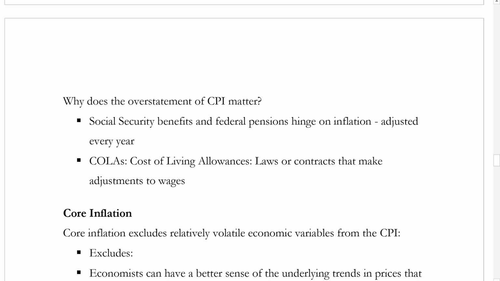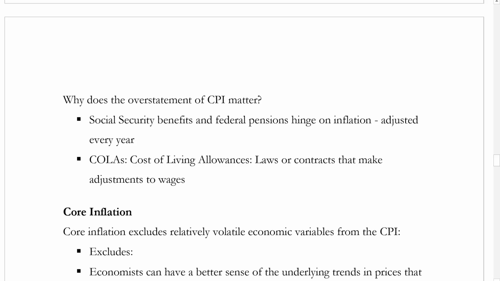Why does this matter? So, especially in the United States, this first bullet is going to be most important. Social Security benefits and federal pensions hinge on inflation. And so when people retire and they start collecting Social Security, they get a check from the government every year. And because we have inflation, the government has to increase what they pay to the retirees in order to compensate them for their extra cost of living.